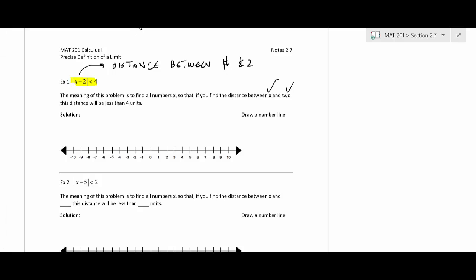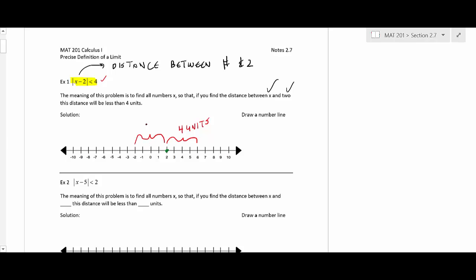I'm going to show you how to do this with a number line and then how to do it algebraically. Let's start by putting a dot on 2. We're going to go out 4 units: 1, 2, 3, 4. Then we're going to go 4 units below: 1, 2, 3, 4.